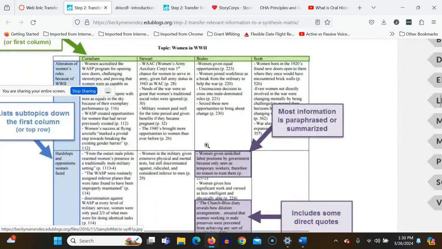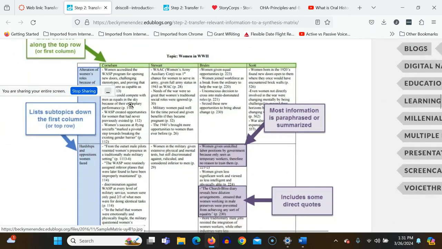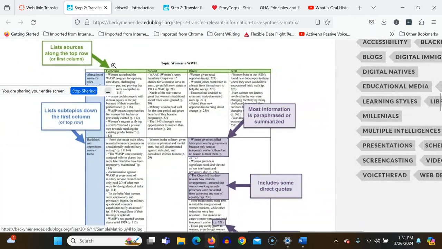So here we go. Here's another example of a matrix. This one uses the topic of women in World War II. This one lists sources on the top. So we have source 1, source 2, source 3, source 4. That's the opposite of the other matrix I showed you, but doesn't matter because it's just a method, right?